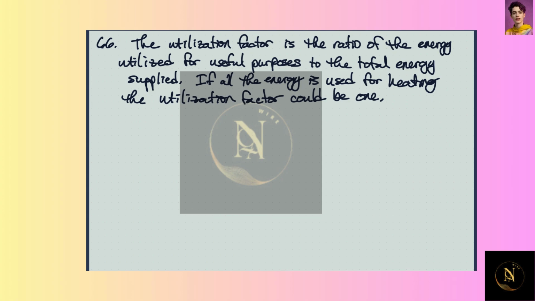We're asked how is the utilization factor for cogeneration plants defined, and could the utilization factor be unity for a cogeneration plant that does not produce any power? So the utilization factor is essentially a measure of how much of the energy that you're putting into a system you're actually using.